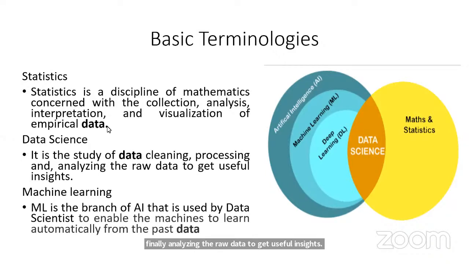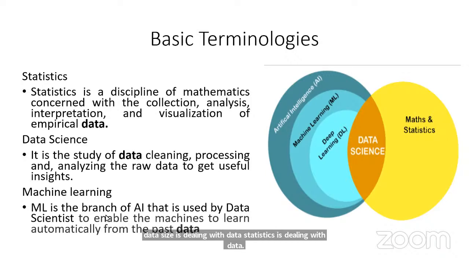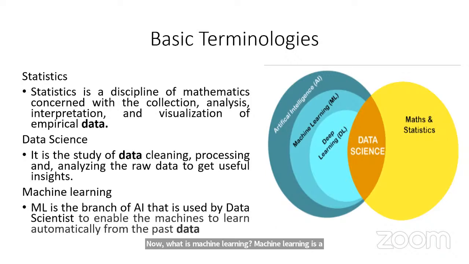Statistics is dealing with data. Now, what is machine learning? Now, machine learning is a branch of artificial intelligence, AI, that is used by data scientists to enable the machines to learn automatically from the past data. So for the data science, machine learning is required. So data science is dependent on machine learning techniques to give you the insights about the data.